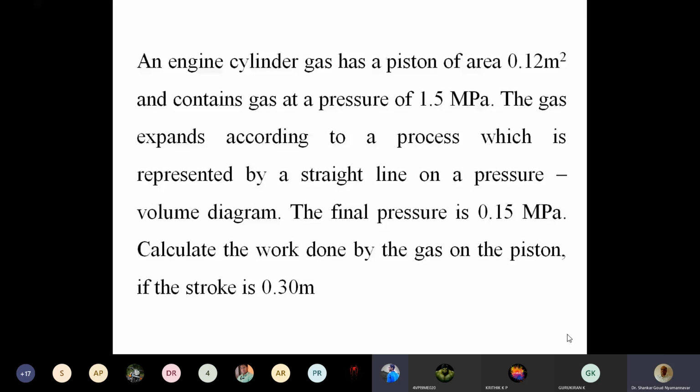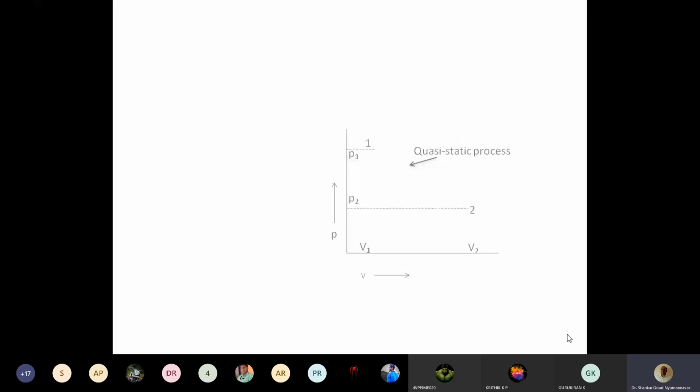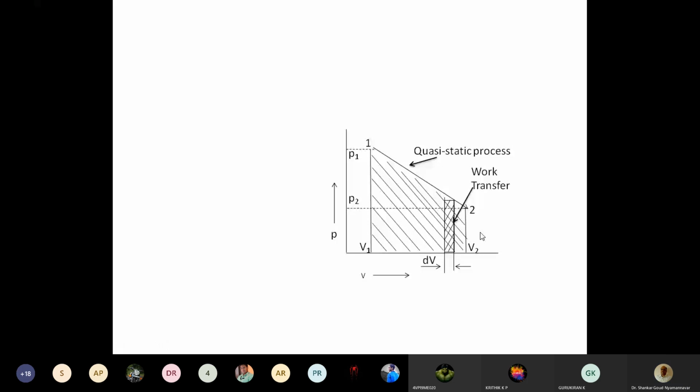Last class I explained that when a piston moves from one location to another, pressure decreases and volume increases. The pressure and volume relationship is given as linear.